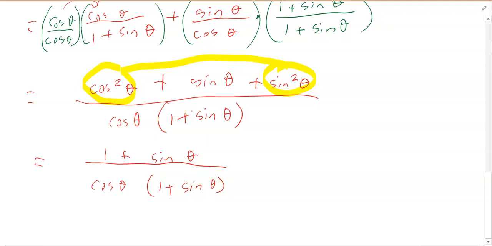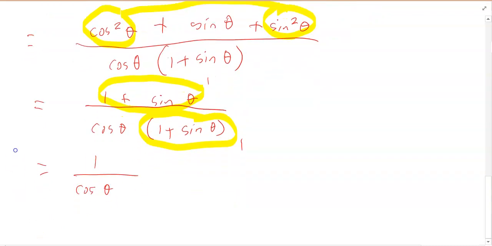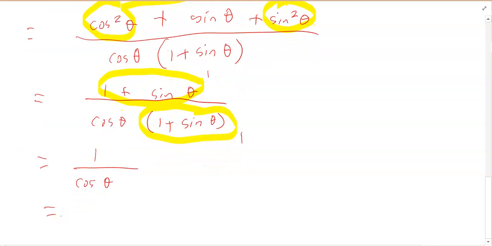And notice 1 plus sine theta is at the top, 1 plus sine theta is multiplied in the bottom, so that's just going to be 1 over 1. So your answer becomes 1 over cosine theta. And we know that's a reciprocal identity. It's the reciprocal for secant theta, so your final answer is secant theta.